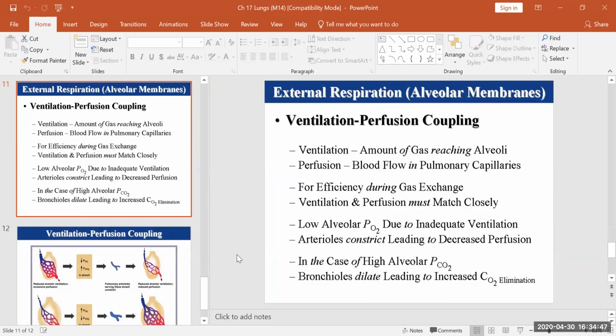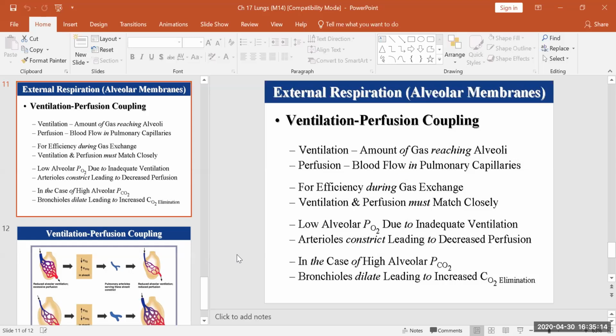Moving on to this one, there's a coupling going on between ventilation and perfusion, meaning the amount of air available in your alveoli will have a direct correlation with the amount of blood flowing in the pulmonary capillaries for gas exchange.